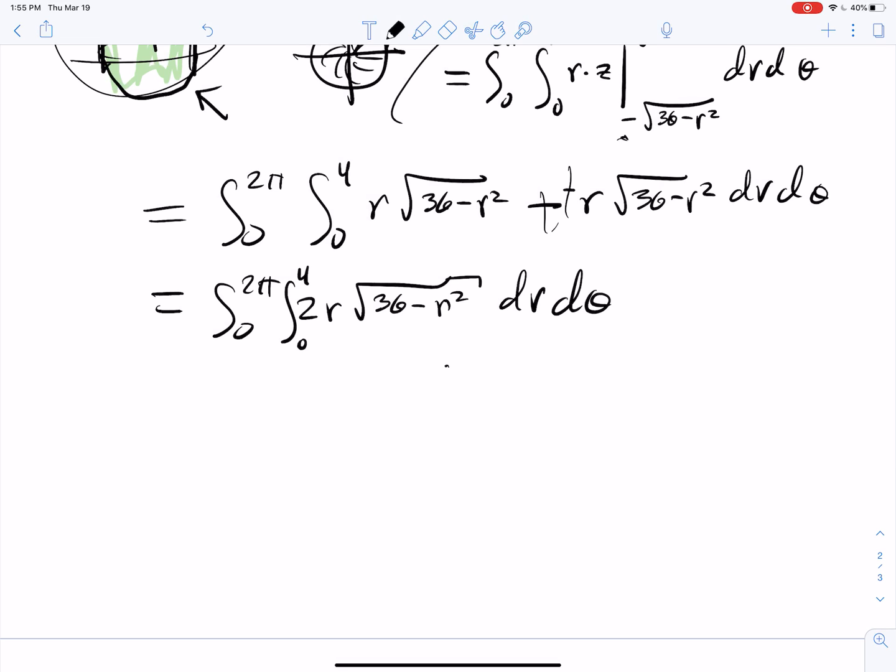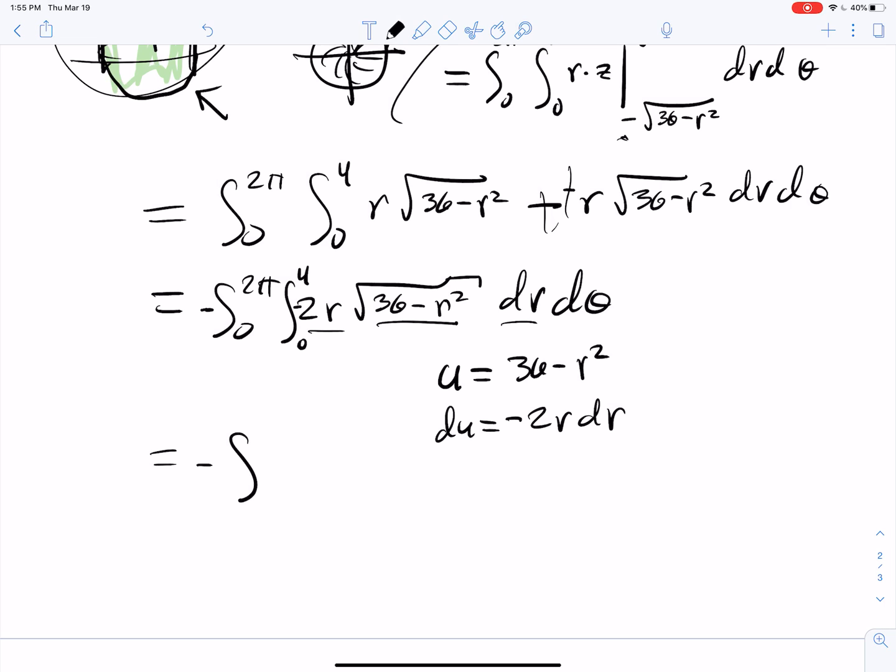Okay, that looks like a classic u substitution, integrated from 0 to 4. U equals 36 minus r squared. Du equals negative 2r dr. So if I put a negative there and a negative there, now I've got u du.